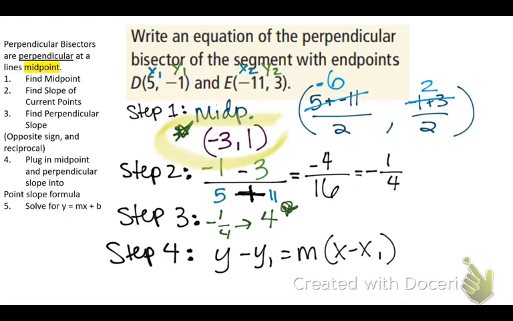My midpoint is up here. 1. I'm going to plug in a 1 for the y. What is my perpendicular slope? It's 4, yeah. And then my x from my midpoint would be negative 3. That negative negative will make a positive.